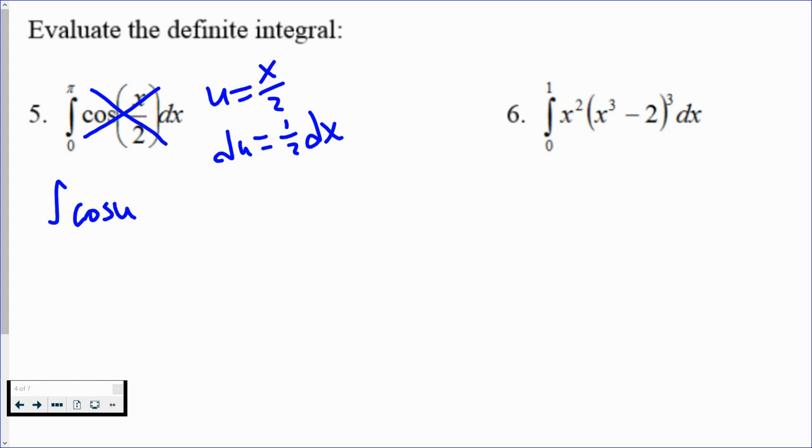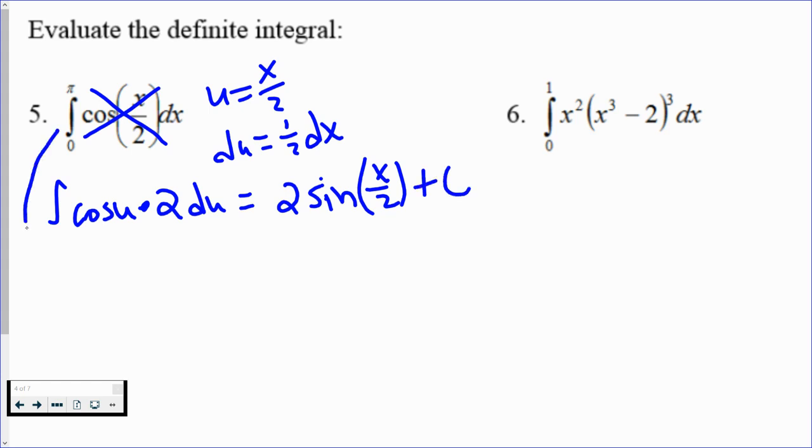If our du is 1/2 dx, then that means we have 2 times the du. If we were to take that integral, the integral of cosine is sine, so we're going to have 2 sine of u, which is x over 2, and then we would have plus c, but this is a definite integral.